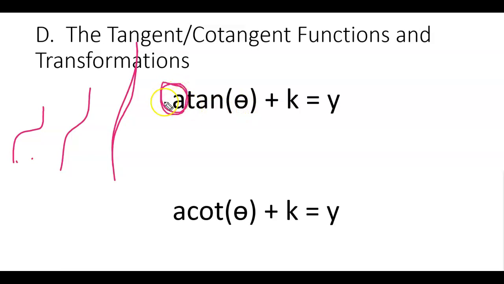Now, basically, let's say it was 2. Again, I'm just going to use 2 because the graphs I have don't go very far. So let's say this is 2. And let's say that k isn't there. Let's just say k is still 0. Okay.